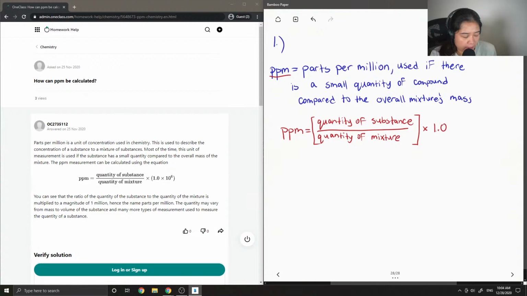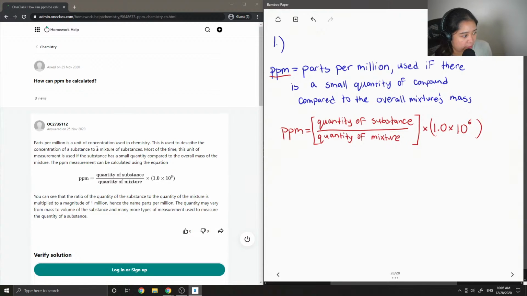So I'm going to write it in scientific notation, which is 1 times 10 to the power of 6. So that's how you know that something would be very small in order to use the ppm concentration. Because when you have the quantity of a substance and then you divide it by the quantity of the mixture, and even though you multiply by 1,000,000, you still get values that are around 6 or 10. So you know that there is only a small amount of that compound in the overall mixture.